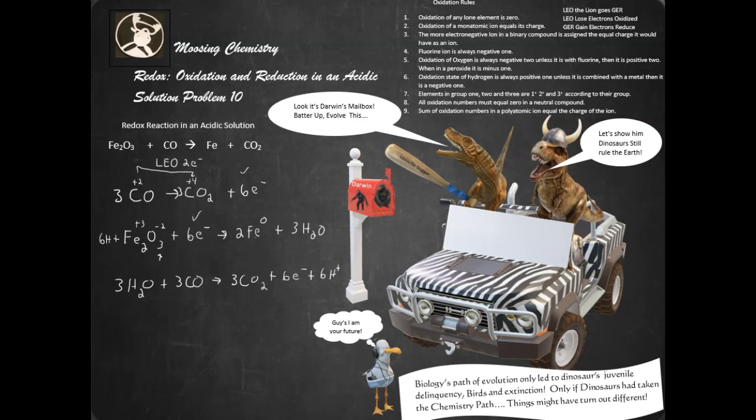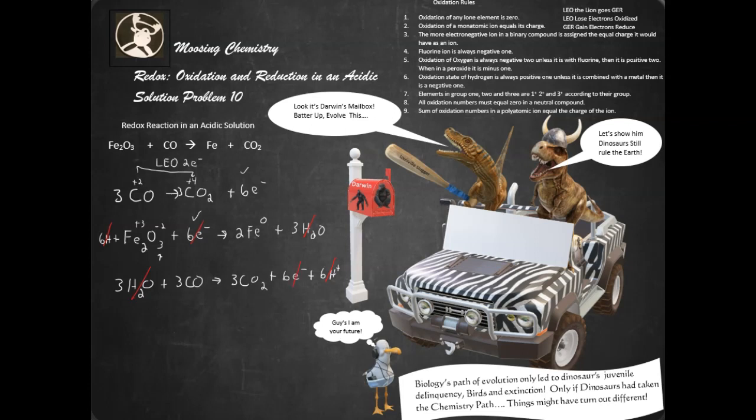Let's change our pen color to red. We have 6 hydrogens on this side and 6 hydrogens on that side, so we get rid of those. We have 3 waters on this side and 3 H2Os on this side, so we get rid of those. We have 6 electrons there and 6 electrons there.